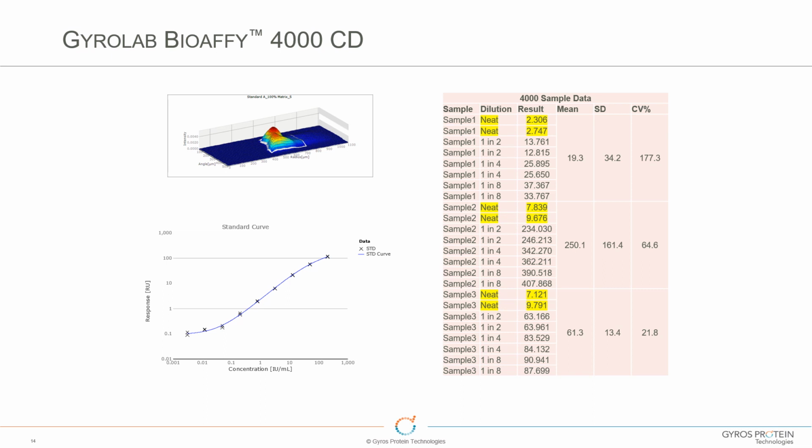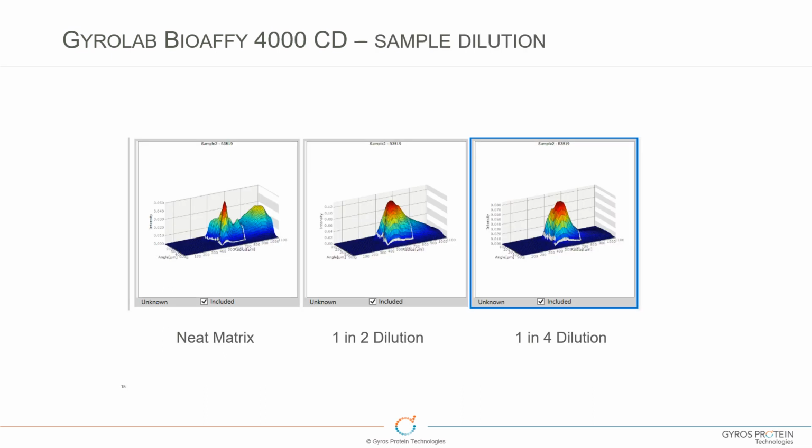Exactly. And we do know that for this assay we need 100% matrix. So the next stage is we look at the viewer profile, which tries to understand what is going on here. The Gyrolab has the advantage of letting us look at the viewer profile so we can see what's actually happening on the column.